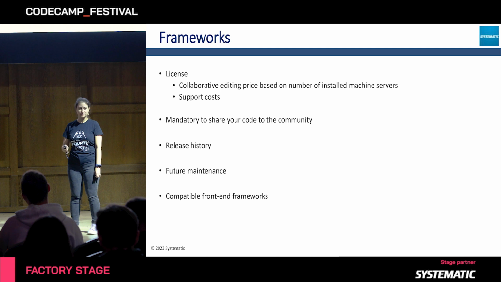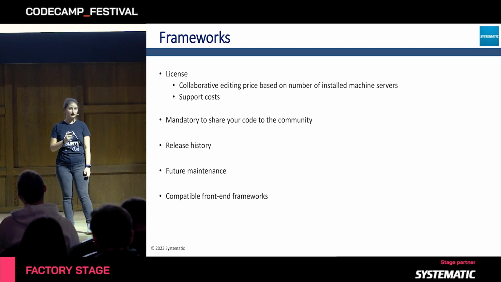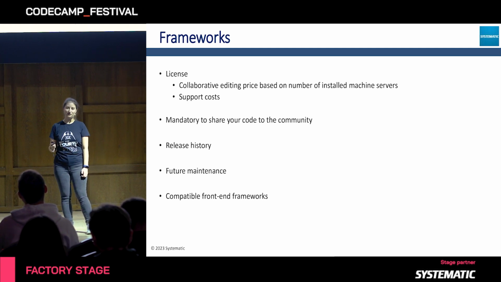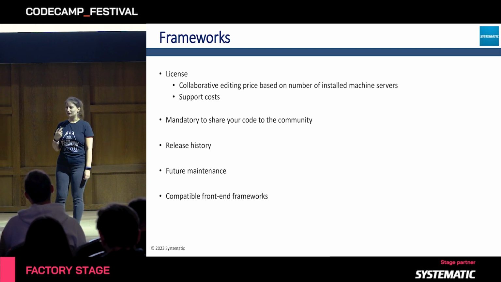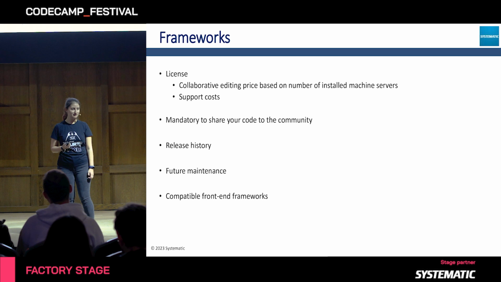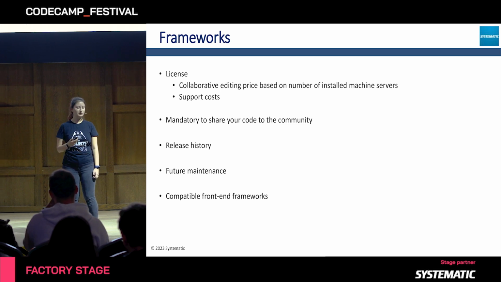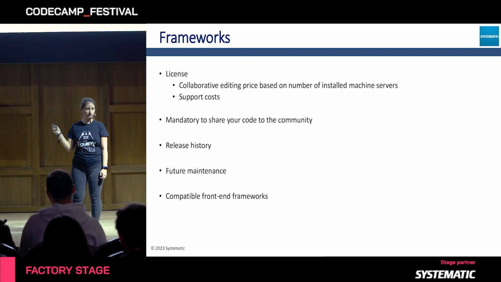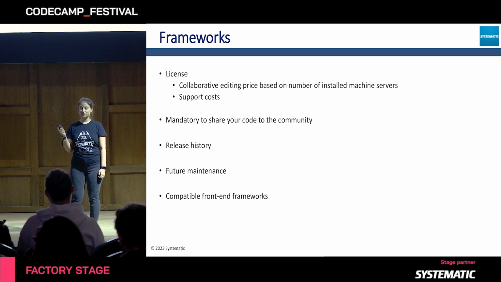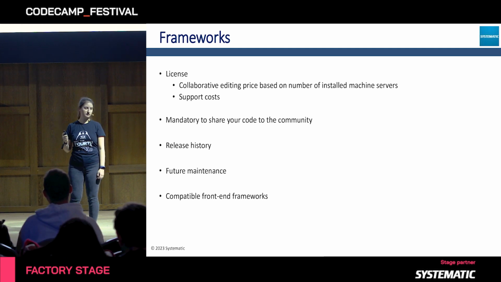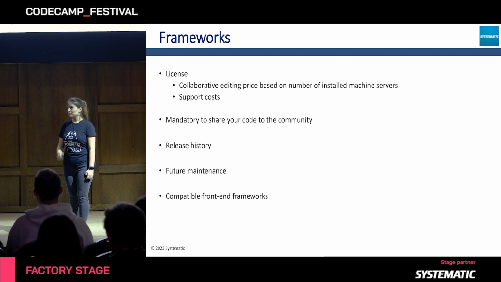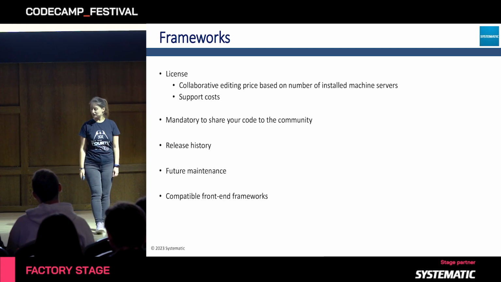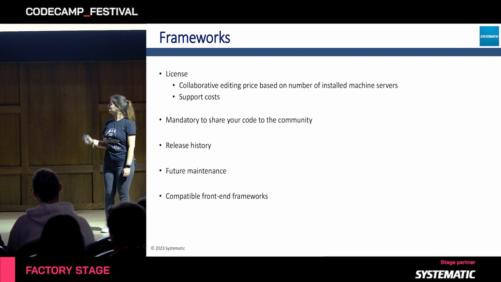Another thing was that, as I mentioned, a good framework does half of the work. What happens with the other half? You do it yourself. You have to sometimes customize a lot, and we needed to be able to access the code and modify the code and distribute our modification. And speaking of code, that brings me to release history.